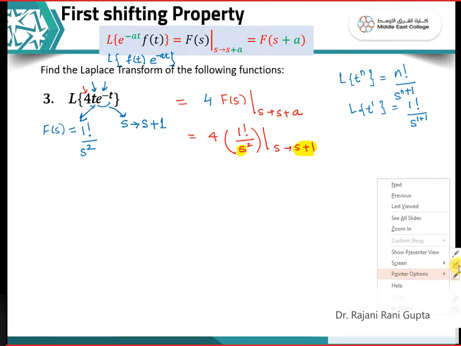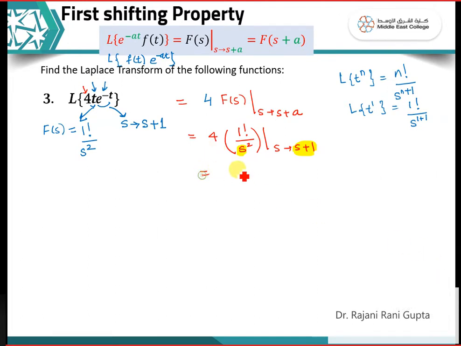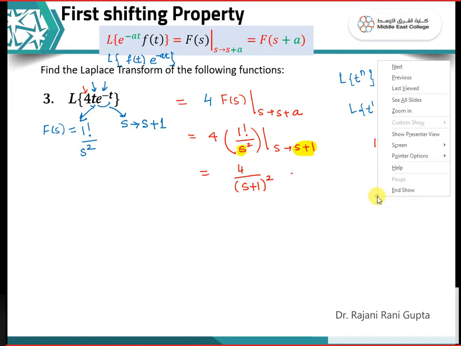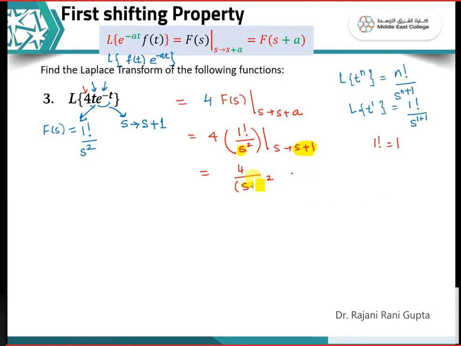So it will give you 4 times 1 factorial, which is nothing but 1, so 4 over (s plus 1) power 2. And we are done with this. I hope it's clear. We just change s by s plus 1. Okay, let's go for the next question.